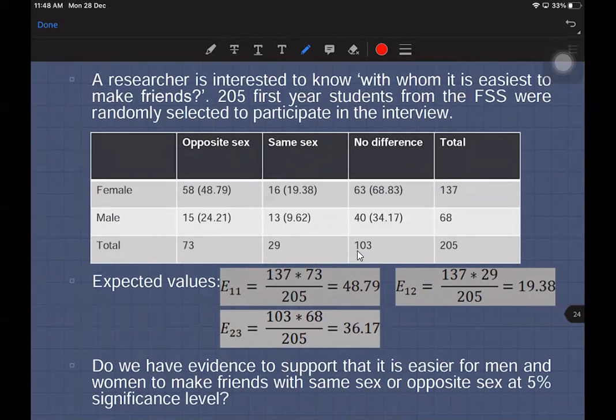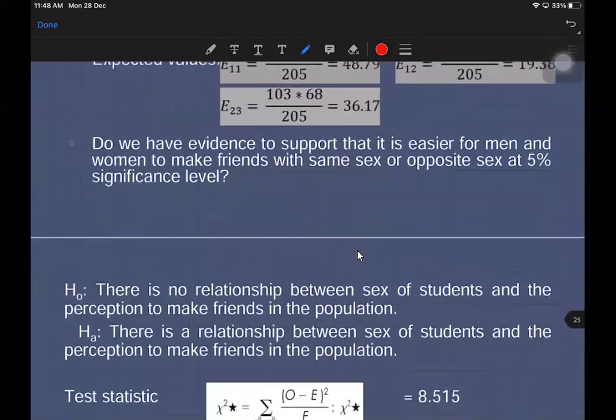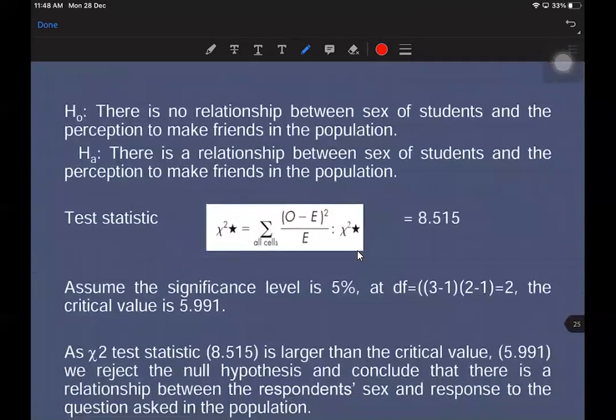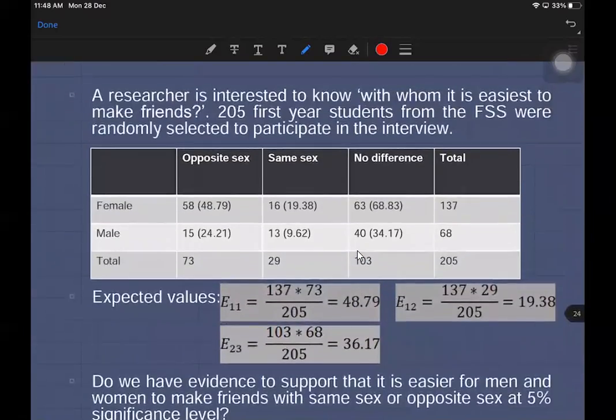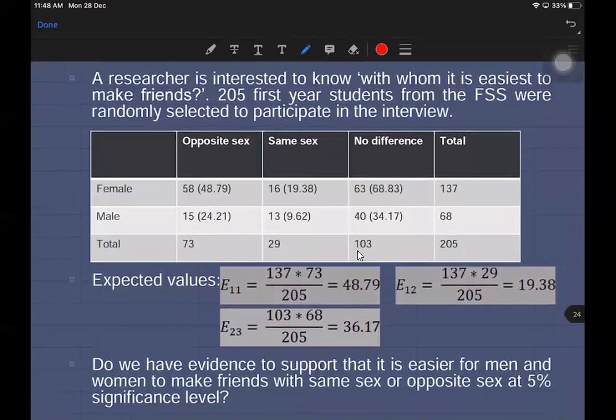Do we have the answer here? No. So you need to calculate your expected value. After that, you do your second step: calculate your chi-square test statistic value. Later on, you may try. This is how you need to calculate the expected value.